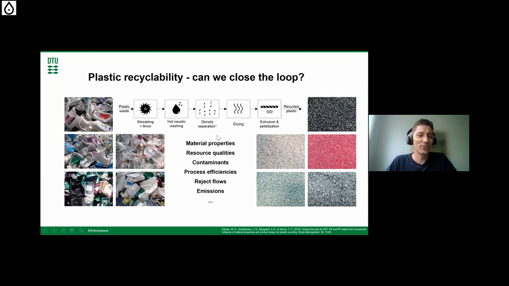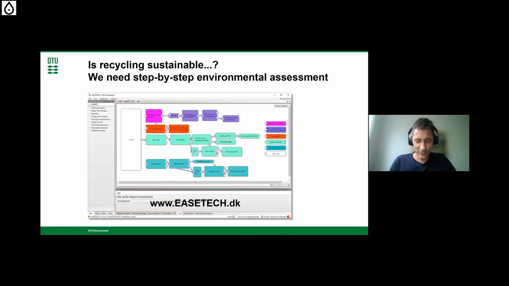So to answer whether plastic recycling is sustainable or not, we have to capture all these aspects and evaluate those against each other. And one way of doing that is to use life cycle assessment or environmental assessment.